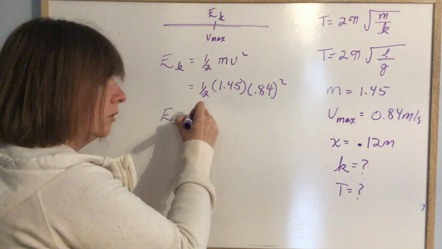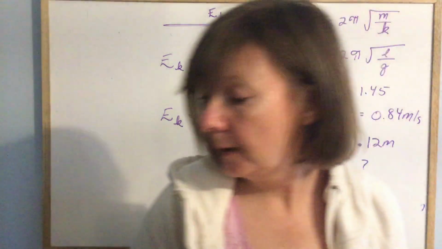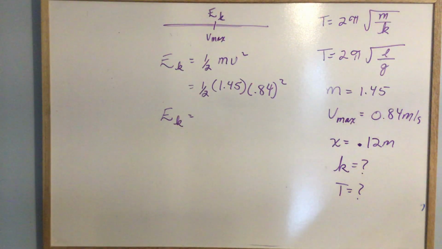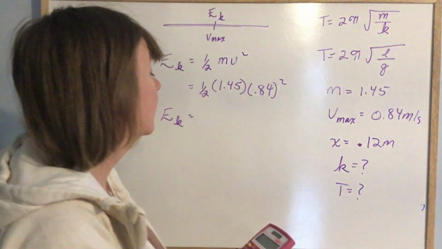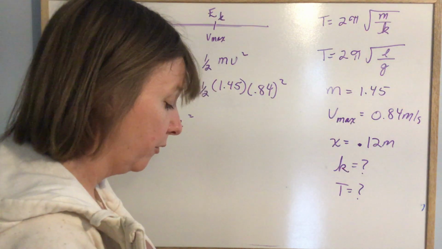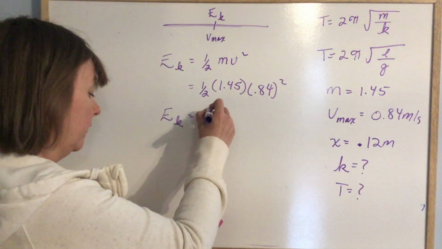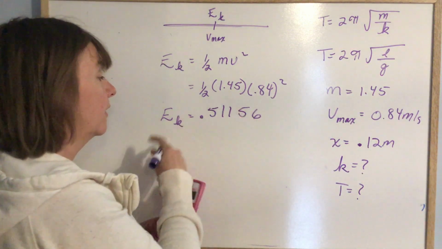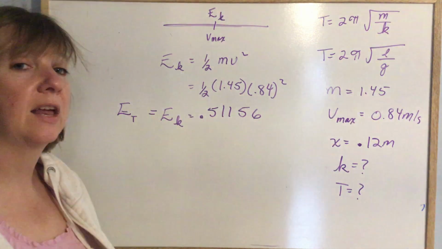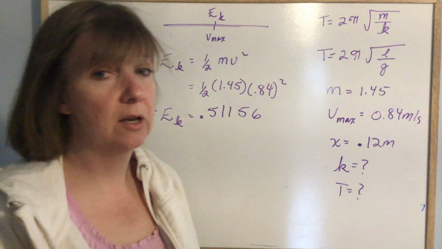And so my total kinetic energy would be 0.84 squared times 1.45 times 0.5, that is 0.51156. That is my kinetic energy. It is the total amount of energy at any given point. It's just that at this point, the total energy is the kinetic energy.